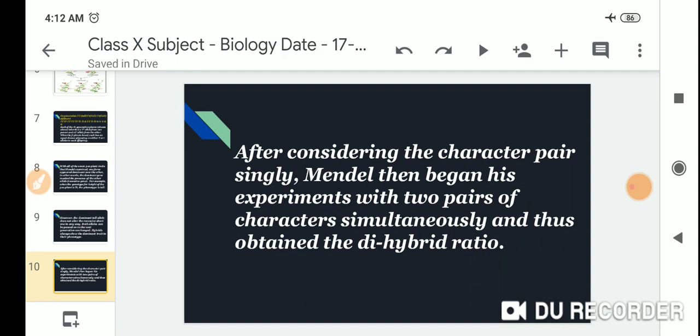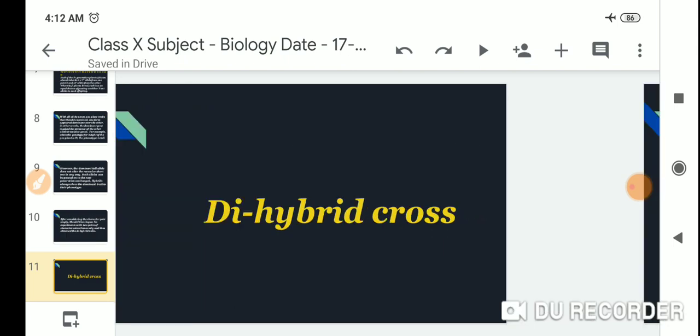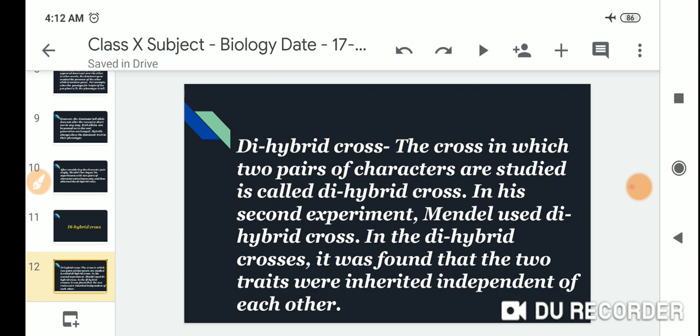After considering the single character pairs, Mendel then performed experiments with two pairs of characters simultaneously and thus obtained the dihybrid ratio. So dear students, we start the dihybrid cross.